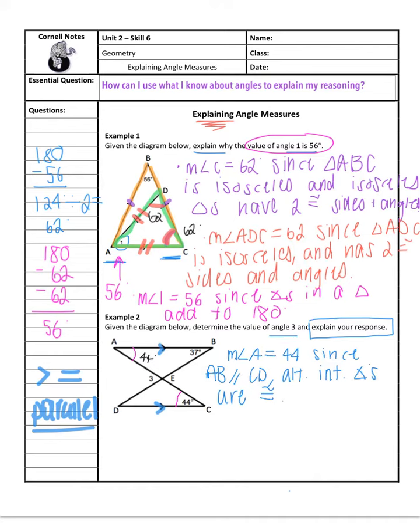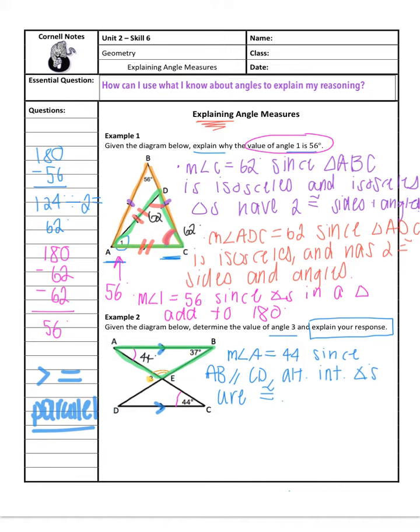So our goal here is to find the measure of angle 3 right here. But before I do that, I'm going to look at the fact that I have this triangle here. There are actually two ways you could go about this problem right now. The one that a lot of you might be thinking is, oh, I have a triangle, so we can find the missing angle right here, because we know angles in a triangle have to add up to 180, and that's perfectly correct.